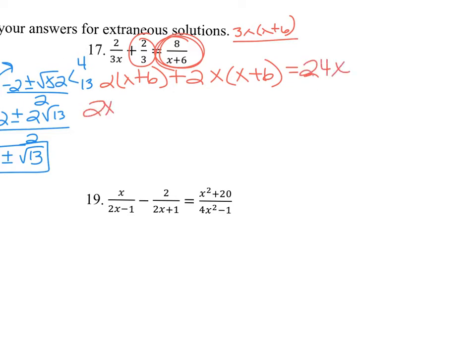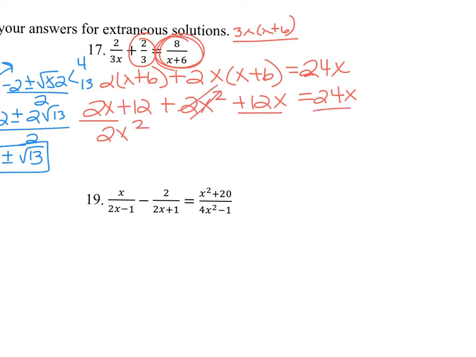So now I have 2x plus 12 plus 2x squared plus 12x equals 24x. So now I have 2x squared, and then I have 14x, but when I subtract 24, I'm going to get negative 10x plus 12. So I can factor out a 2.